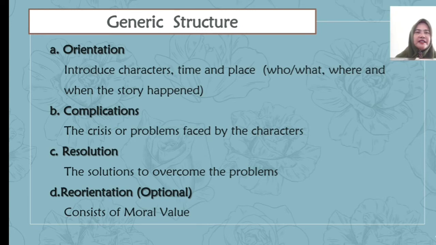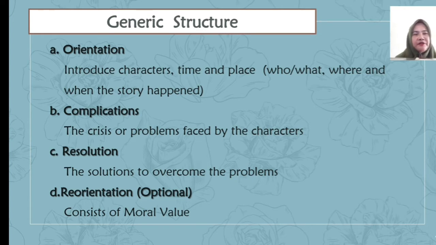Next, let's check the generic structure. Selanjutnya kita akan lihat struktur teksnya, ya. There are some parts of a narrative text. The first part is called orientation. So orientation is used to introduce characters, time, and place.